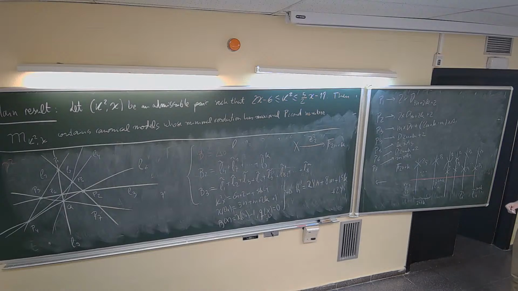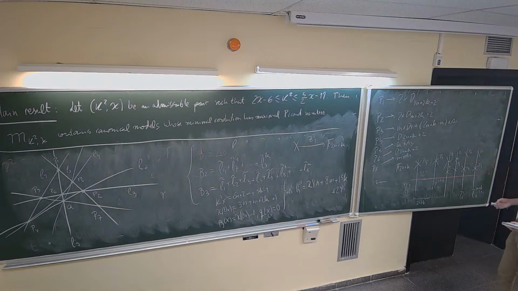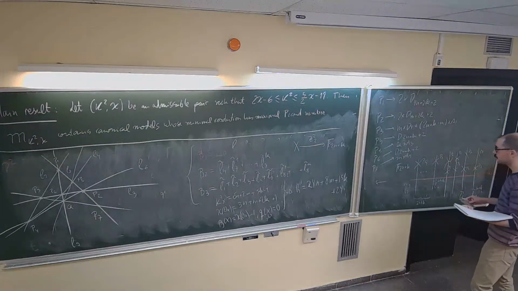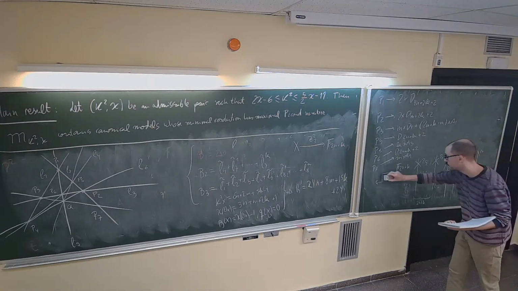What do we have to do next? We have to sum the subindices of these singularities to get the amount of -2 curves in ADE configurations that the minimal resolution of X will have.